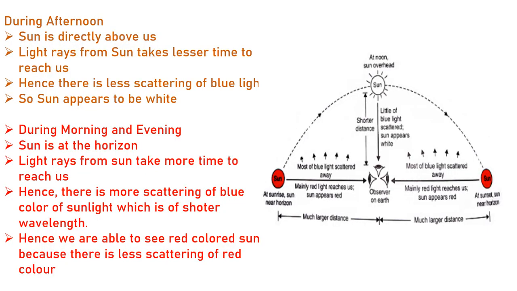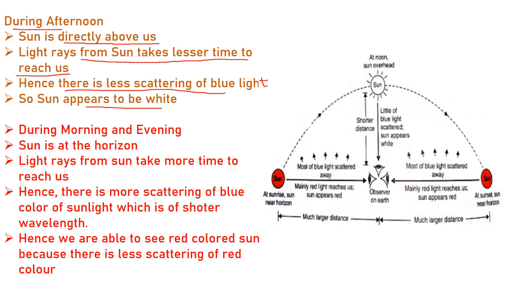Now, during the afternoon, the sun is directly above us. Light rays from the sun take less time to reach us. Hence, there is less scattering of the blue light, so the sun appears to be white. We have discussed just now that only a little bit of the blue light is scattered, right?